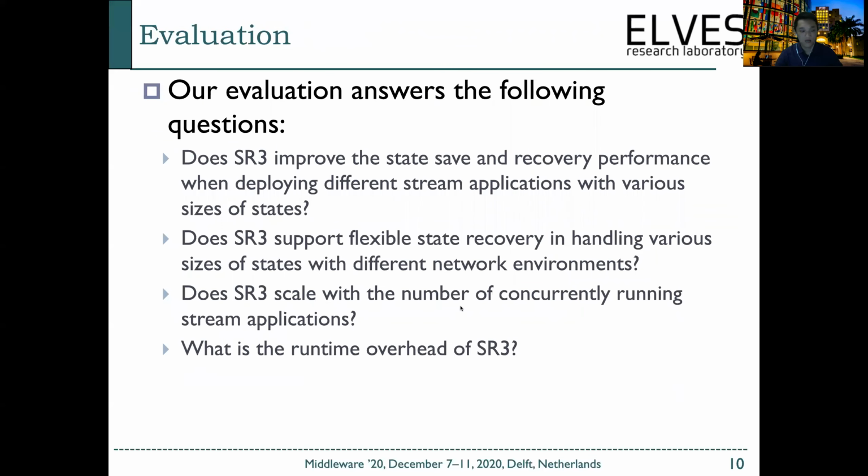Then I will go through the evaluations to answer the following questions: the performance improvement for state save and recovery, the flexibility and scalability of the proposed system, and the overhead of SR3.